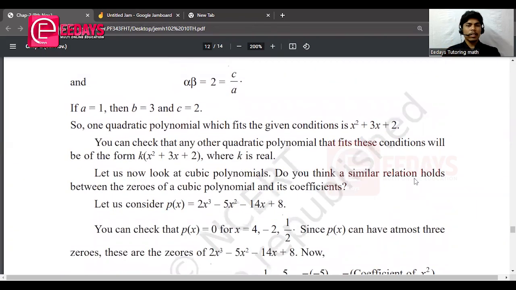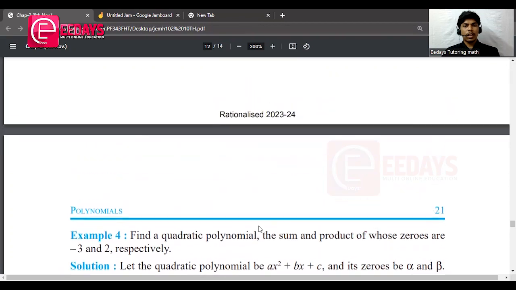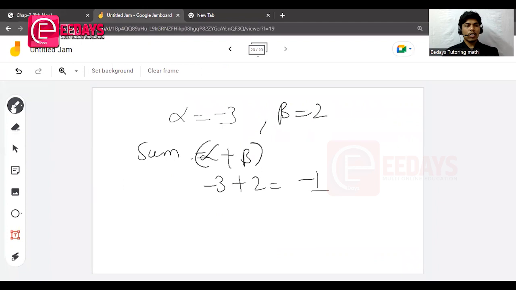So let's write the format. Minus b by a and c by a are already given. You just substitute in the equation. What is the equation here? The sum and product are already given, you just substitute the values. You have to find the quadratic equation: x square minus (alpha plus beta) into x plus alpha beta is equal to 0.